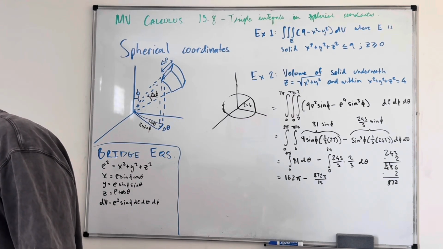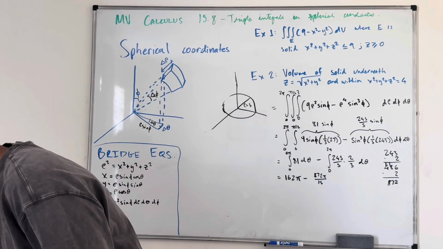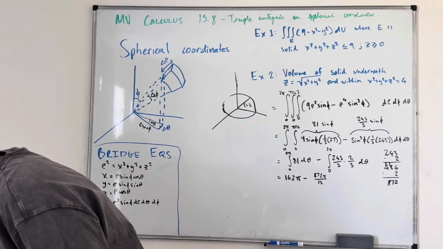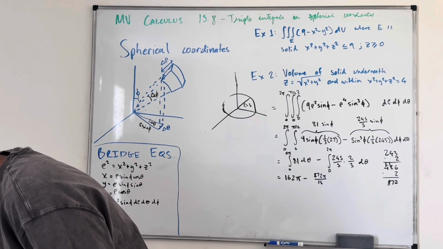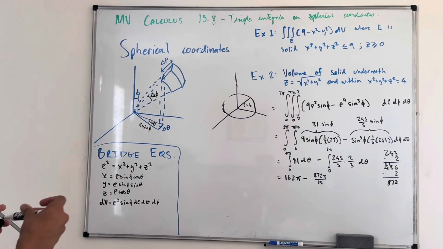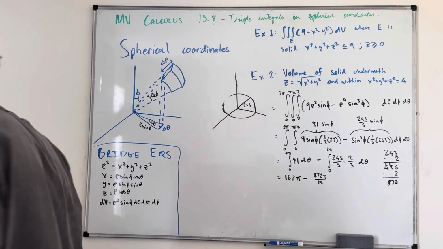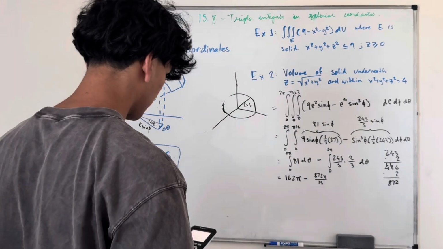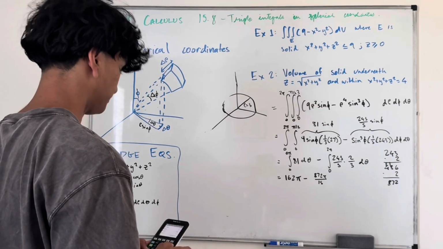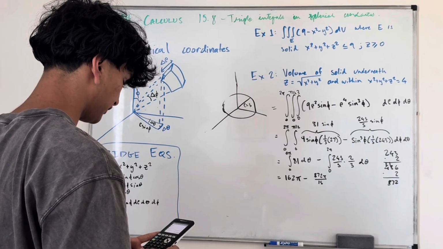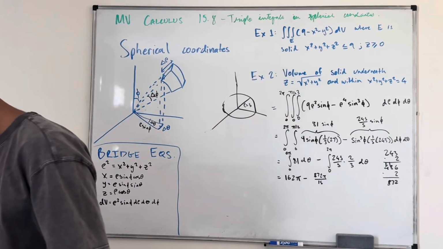Or did I make a mistake? 486 pi over 5? Is that the right answer? Wait, let me check. I have a calculator right here. 162 minus 872 divided by 15. And then what was the answer here? This actually might be right.